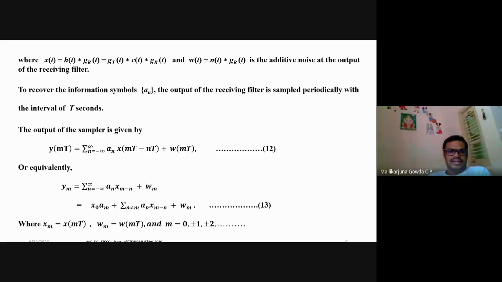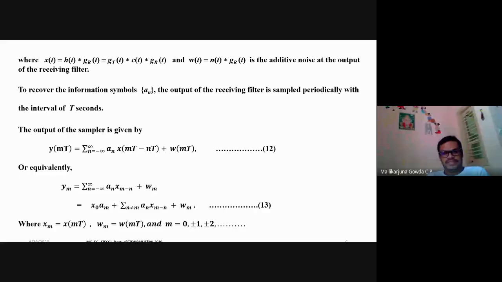Here x_0 is the gain, and a_m is the information symbol. The second term is due to intersymbol interference, and this is the additive white Gaussian noise.